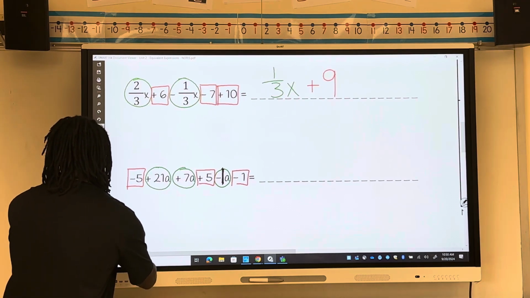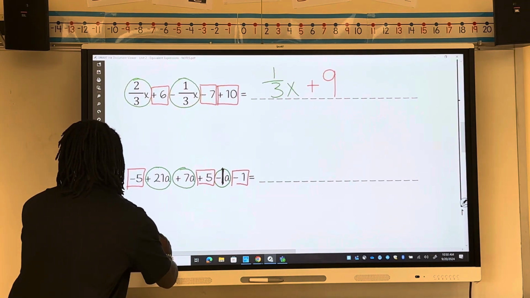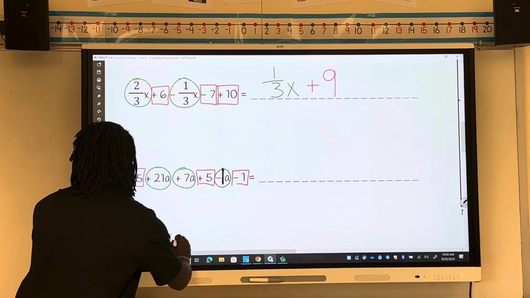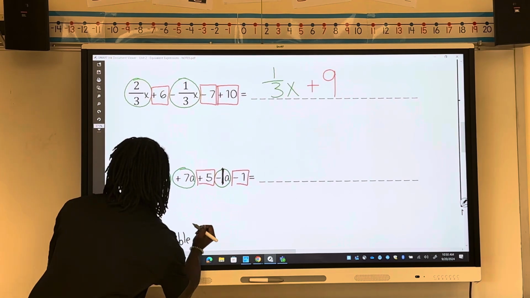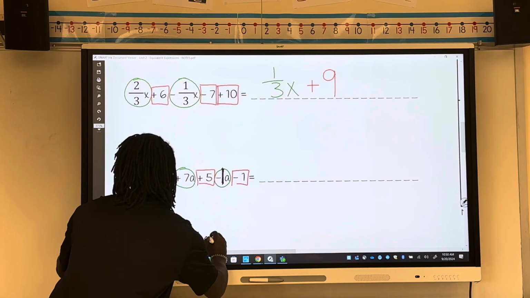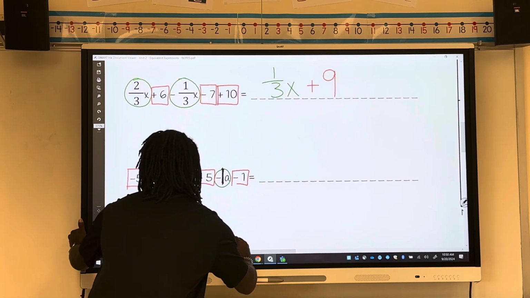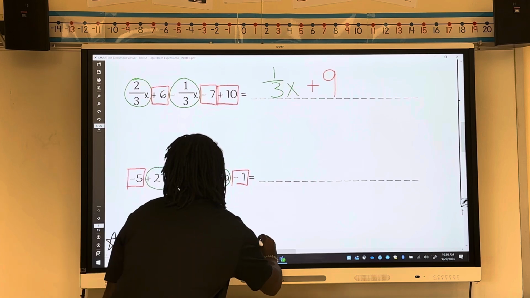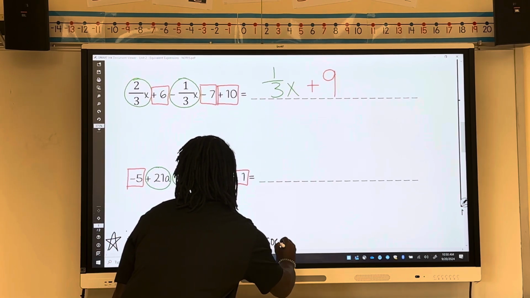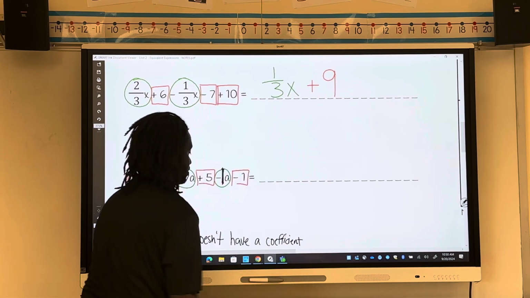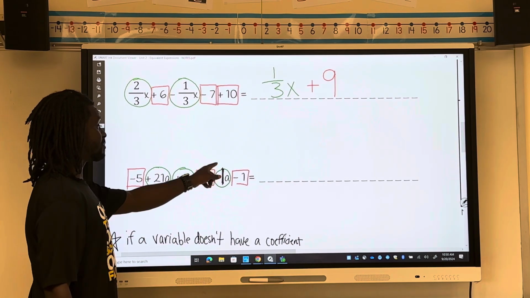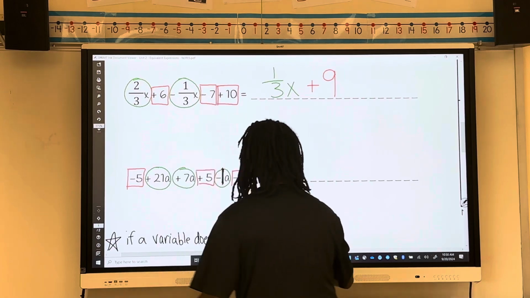Okay, so if a variable doesn't have a number, I'm going to say a coefficient because that's really what it's called, if it doesn't have a coefficient, then there is an imaginary 1.